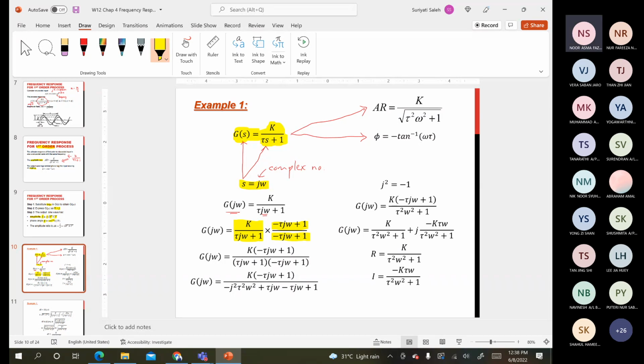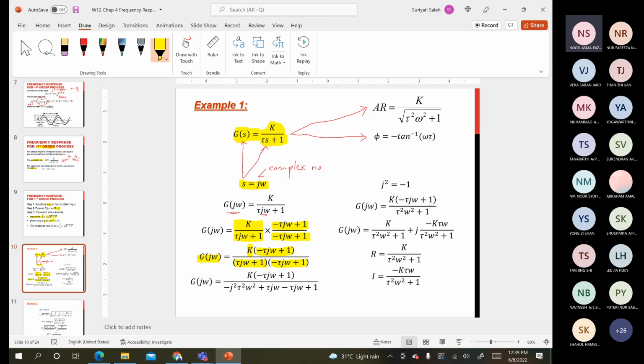So in this case, it contributes to the following equation: G(jw) equal to K multiplied with the negative tau jw plus 1 on the numerator. For the denominator, we have tau jw plus 1 multiplied with the negative tau jw plus 1.